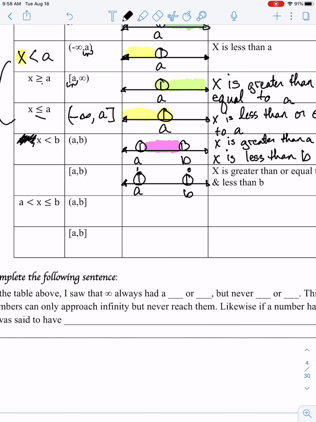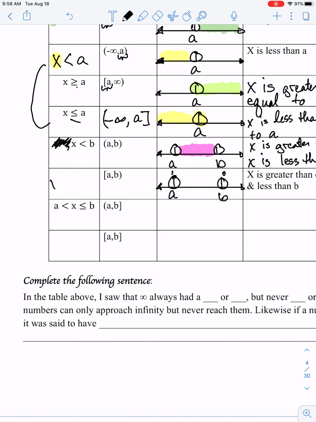X is greater than or equal to A, and X less than B. Again, I shade, but I hide this part, or I'm going to just imagine it's not even there. So X greater than or equal to A. See the equals too, so I shade, and I shade to the right.